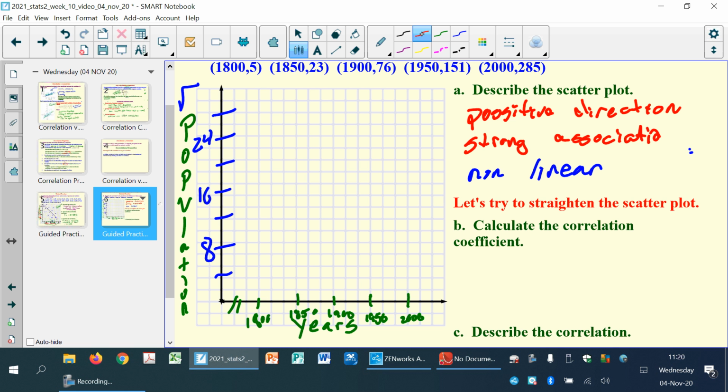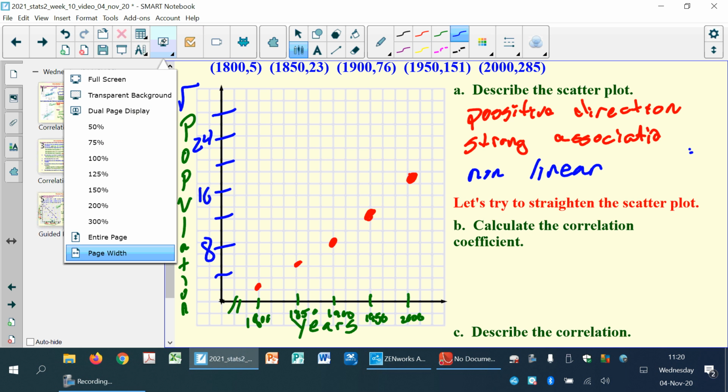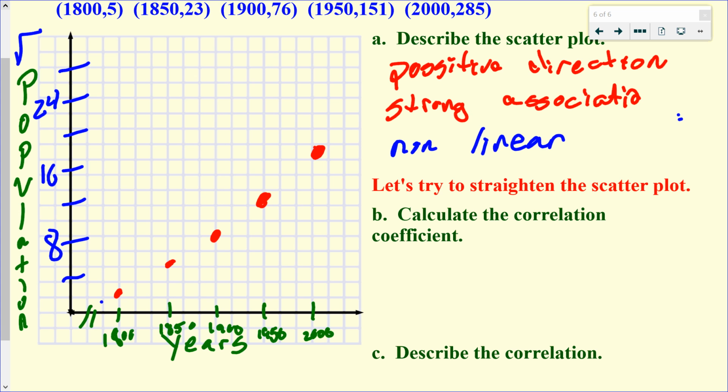All right, and now we have points looking like, you can see, a much straighter line there. By changing our variable to the square root of the population, we get a much straighter relationship.